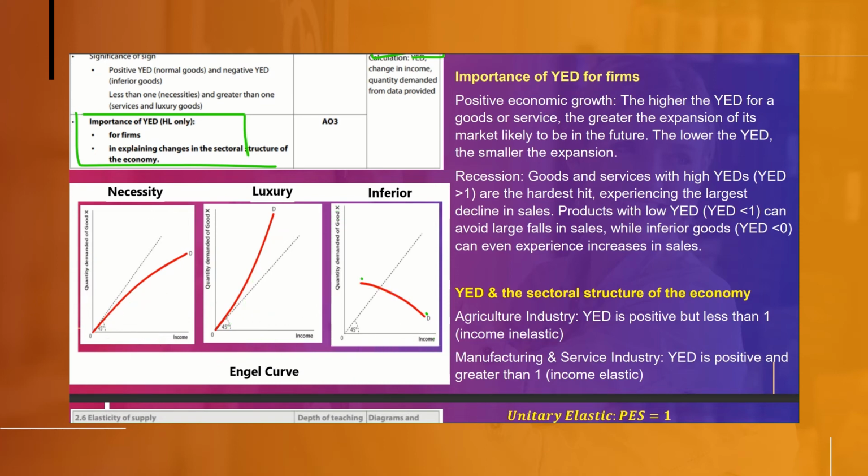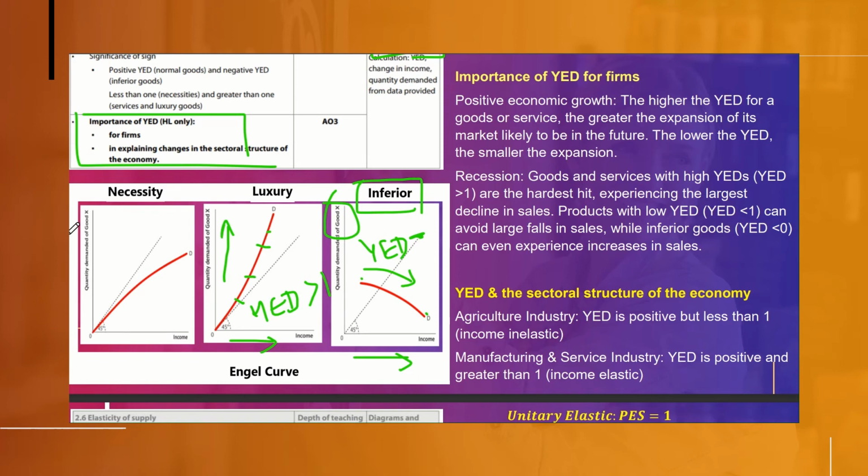See, look at this one: income is increasing, quantity demanded is falling for good X, so we can say it is inferior, which means its YED value is negative. Meanwhile, in this part, luxury goods, income is increasing and quantity demanded is also increasing massively. So here YED is greater than 1.